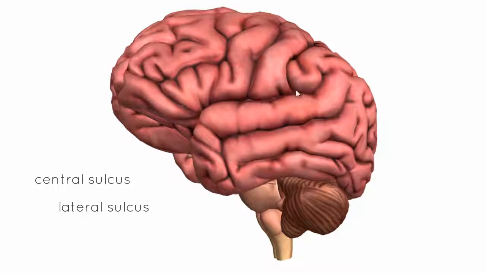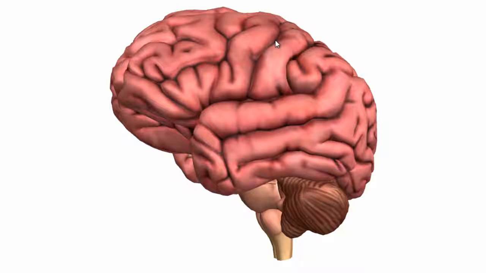I'll do another tutorial which goes through all these different grooves and ridges. The reason I showed you these 2 sulci is that they can be used to separate some functionally important lobes of the brain.